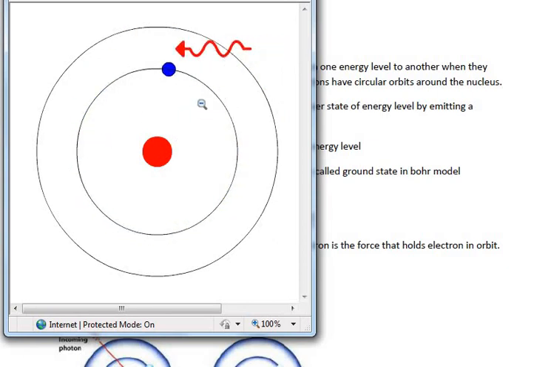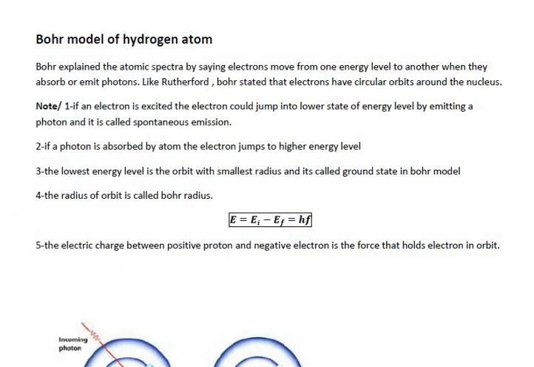But after a while, this electron starts to emit that extra energy that it gained and gets back to its lower state, its original state. Now, when it gains energy, it jumps to a higher state. After a while, it loses that energy and returns back to its lower state. That was what Bohr was saying about electrons.